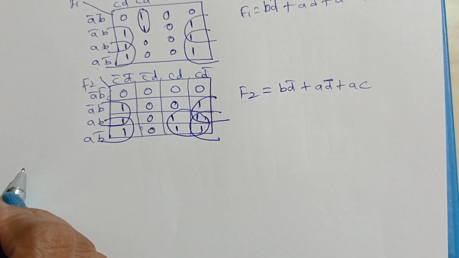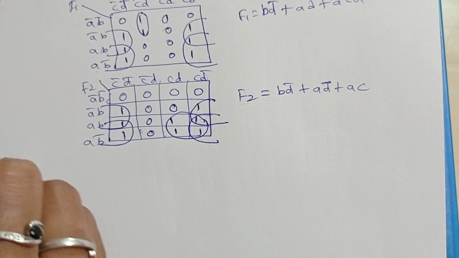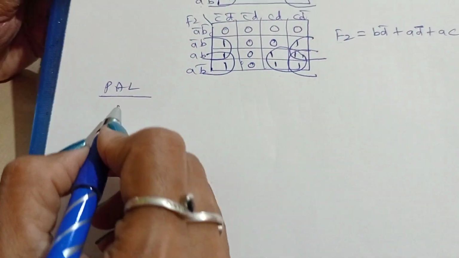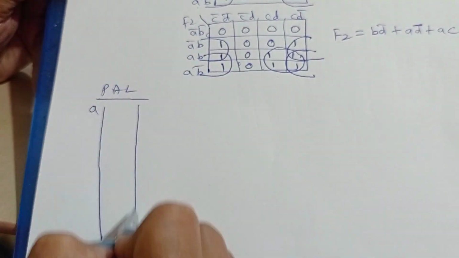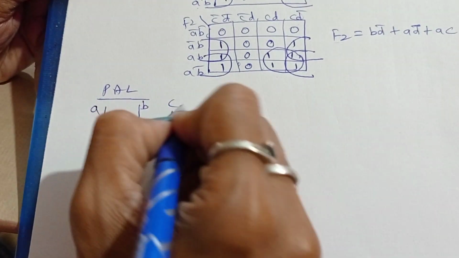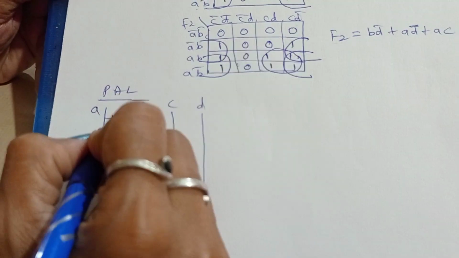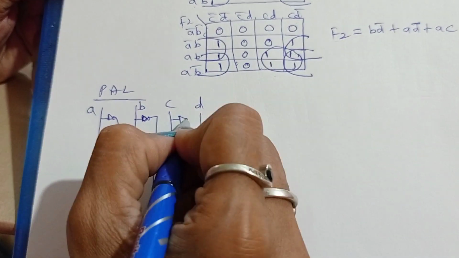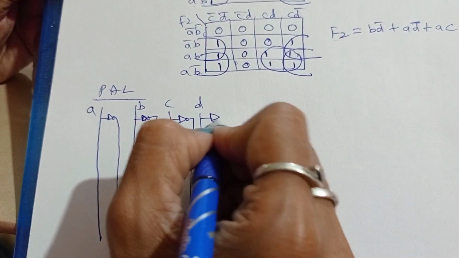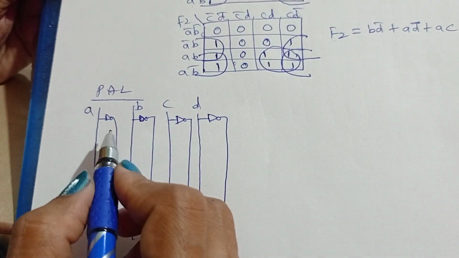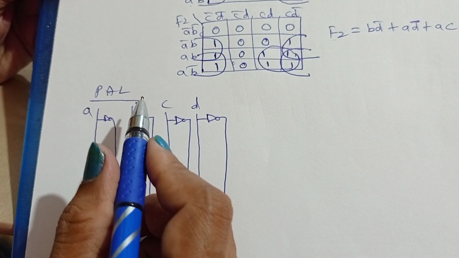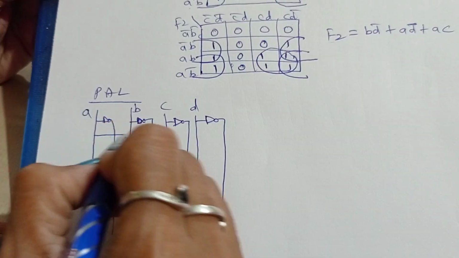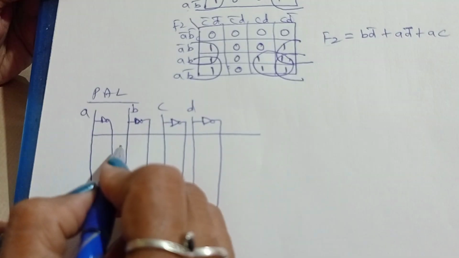Now we'll design PAL. Take A, B, C, D inputs, A, B, C, D, and inverted inputs. Now draw the design, that is three OR gates.